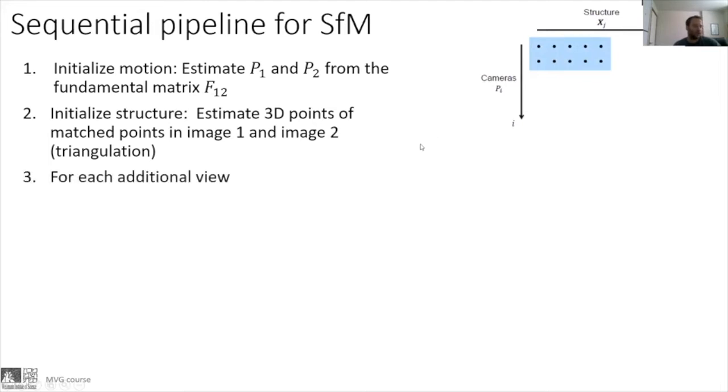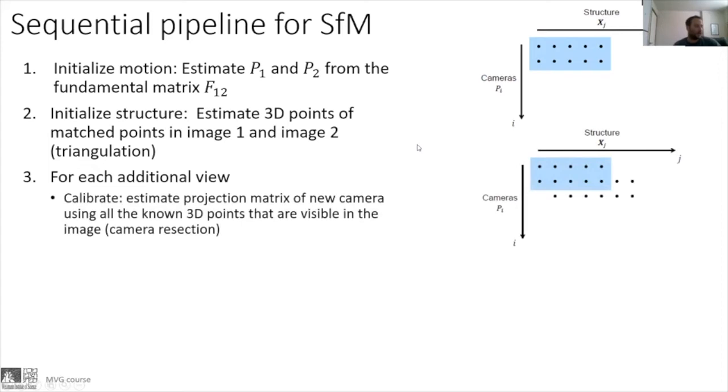And now for each additional view, we calibrate the new view. We estimate the projection matrix, the camera matrix, using the 3D points and the correspondences of the 2D projections. You've seen that you can do camera resectioning, right? Because we have 2D correspondences between the new frame and the other frames, so we know the corresponding 3D point.